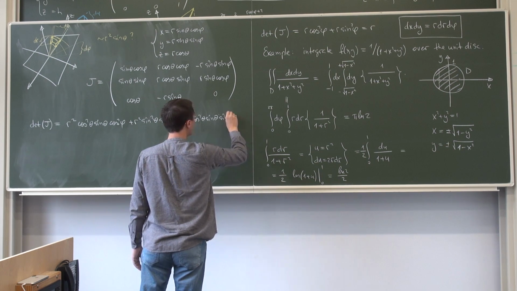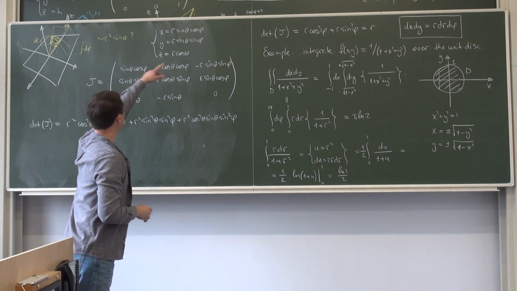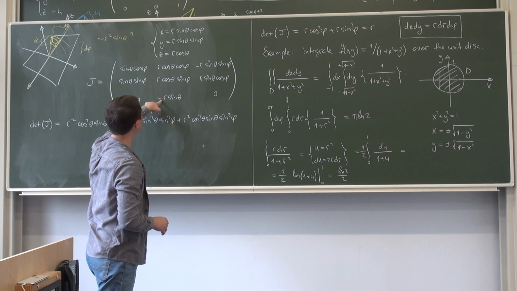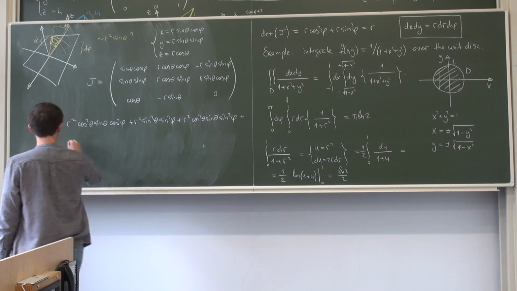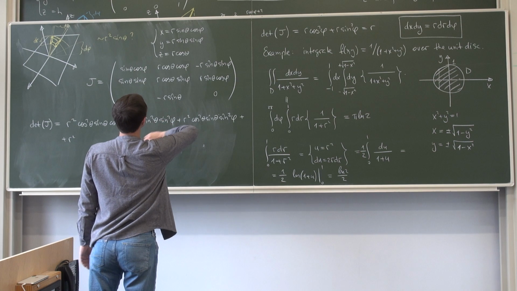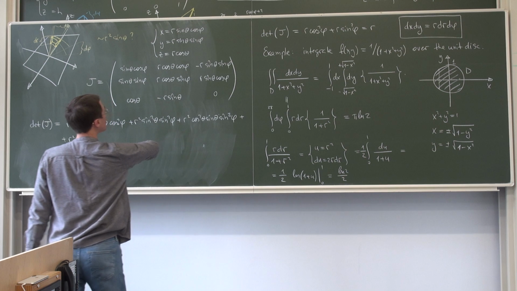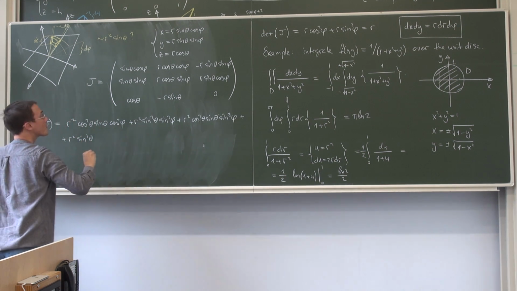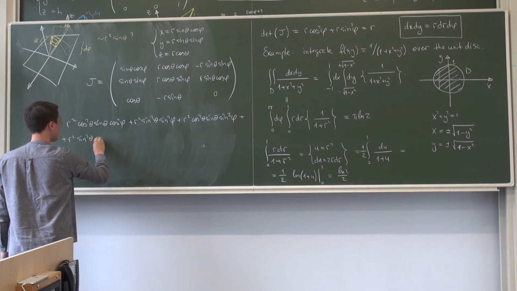That's this. That part is 0, and that part again comes with a plus because of this minus. So r squared again. Okay, r squared sine theta sine cube theta, and then cosine phi, cos squared phi.